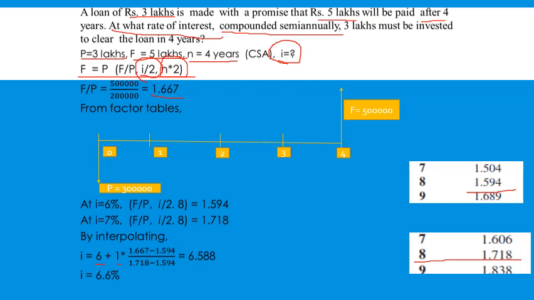What is that mid value? 1.667. That is the required value for me. Mid value minus lower value divided by higher value minus lower value. Same method I have followed and I got it as 6.588 or approximately I is equal to 6.6%. We can also solve the problem using the formula method.